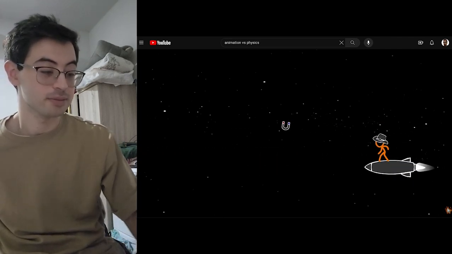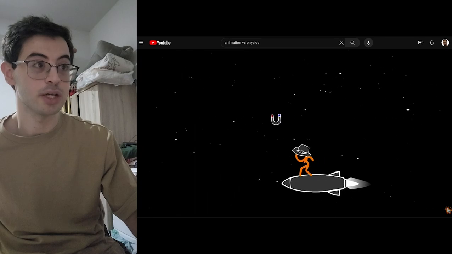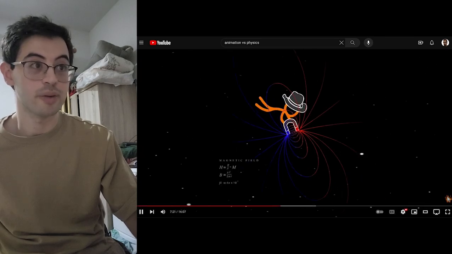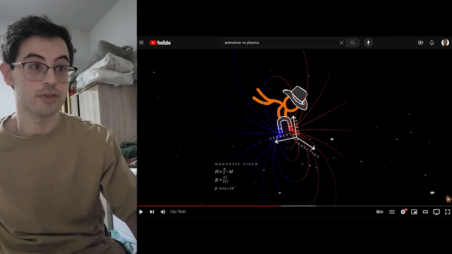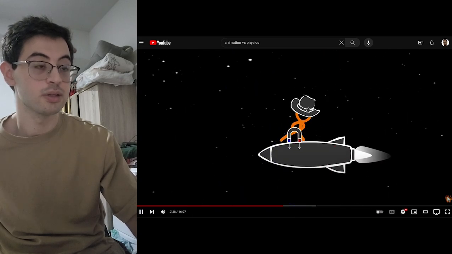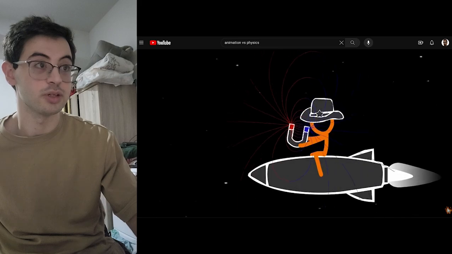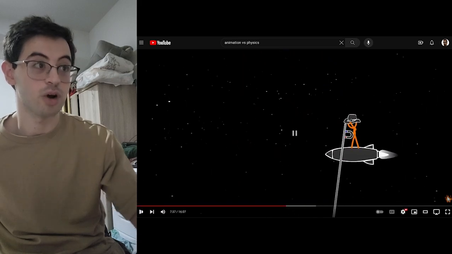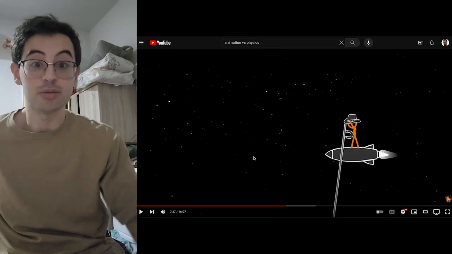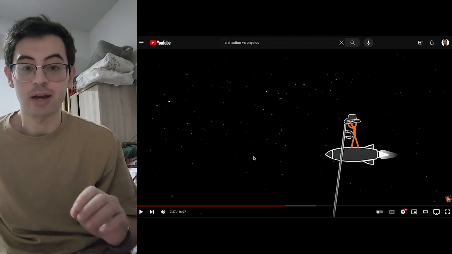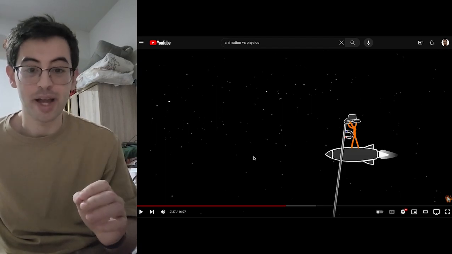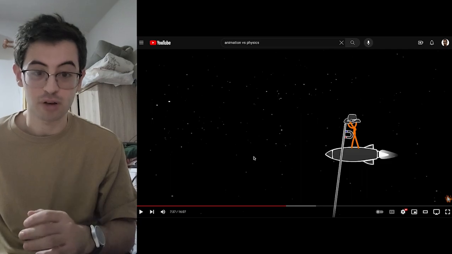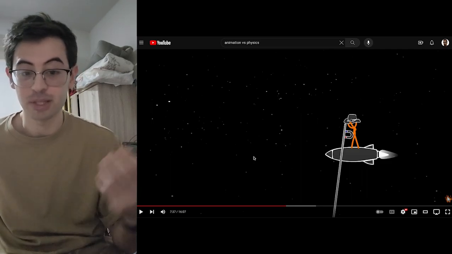A magnet. So now he's going to try and orient himself on a magnetic field. So now we have the formulas describing the magnetic field. And what he's going to do here is he's going to take this rod, and usually all atoms in the universe have like a small magnetic field. There's a weak force and a strong force that acts on atoms, keeping them together.